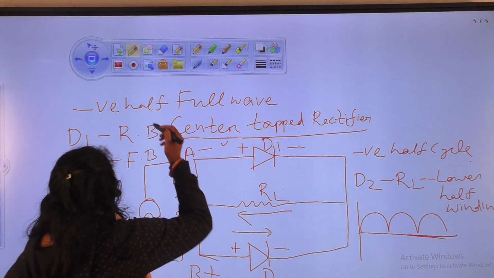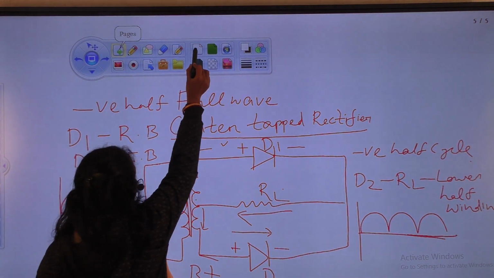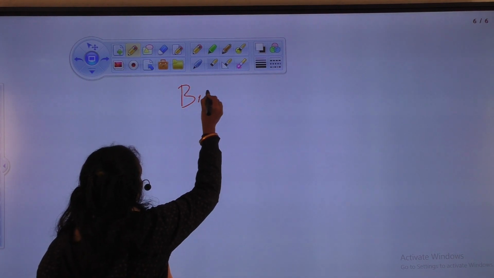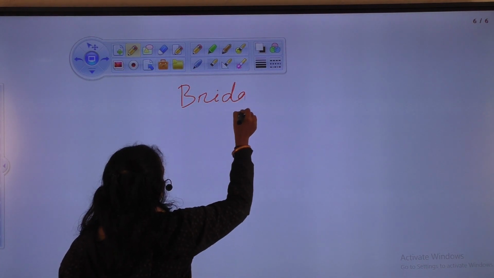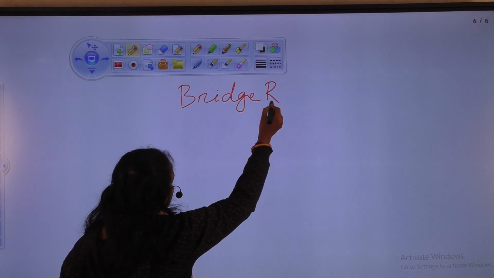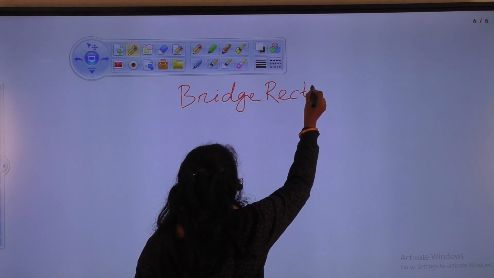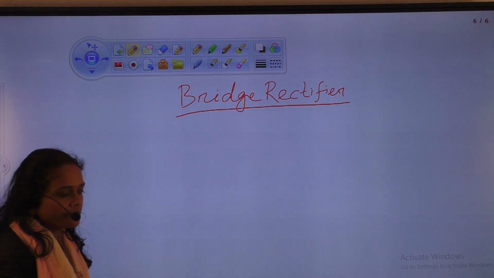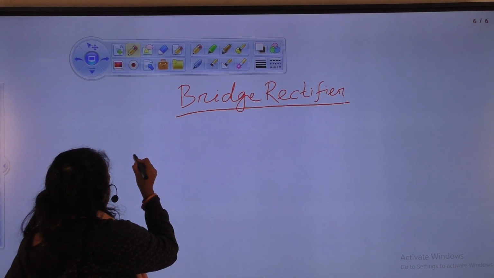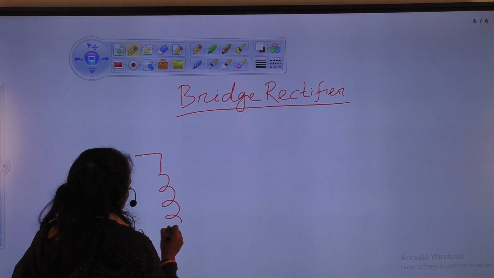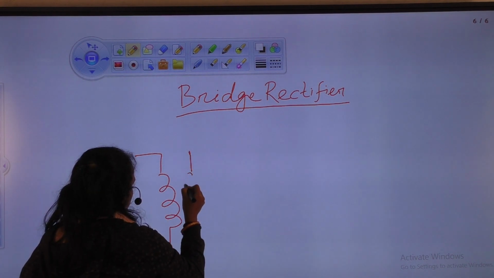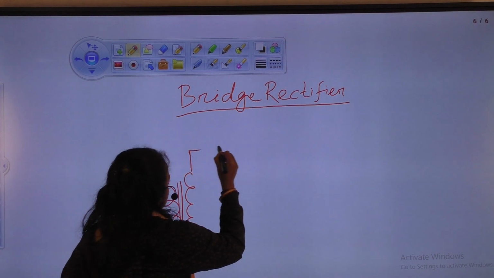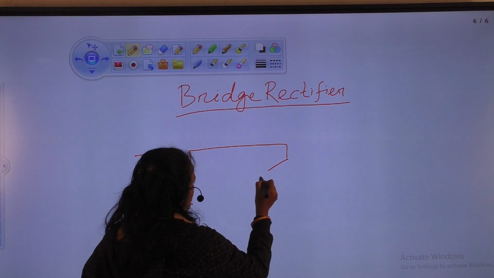Okay, next we discuss about bridge rectifier. First we draw the diagram of bridge rectifier. Bridge rectifier consists of 4 diodes.